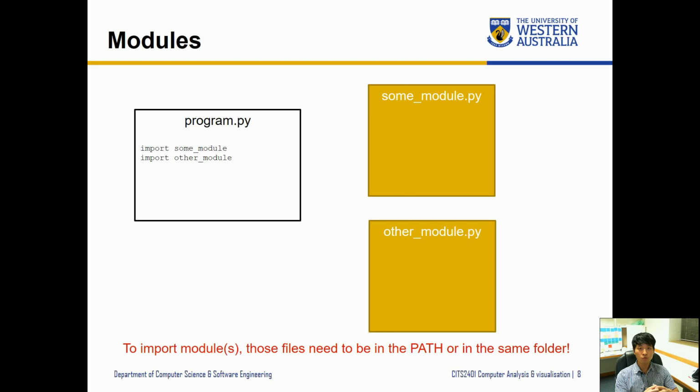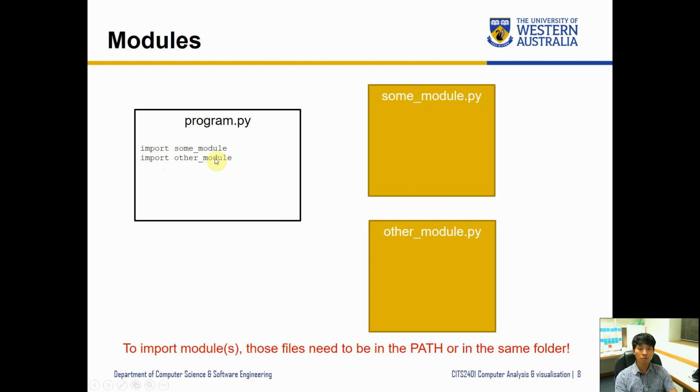And in this video, when we write our modules, we're just going to put them inside the same folder as the other programs that are going to call them, so you don't have to worry about configuring the path as well. So importing a module is very straightforward. All you have to do is write import and then specify the module's name without the .py extension.